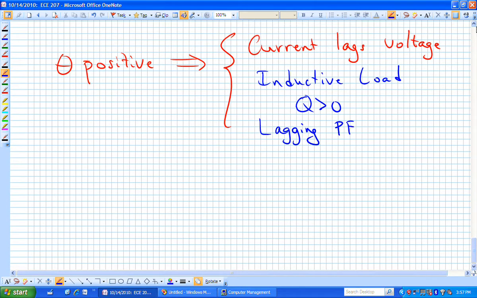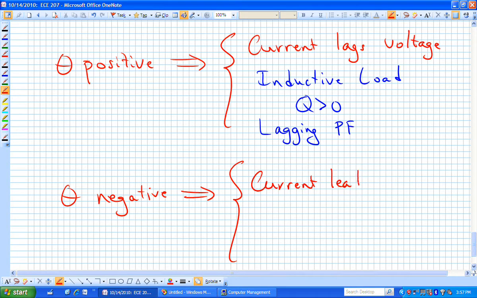Conversely, if your system happens to have a negative angle theta, then that corresponds to your current leading your voltage. That's now the ICE. I is coming before V in that expression.